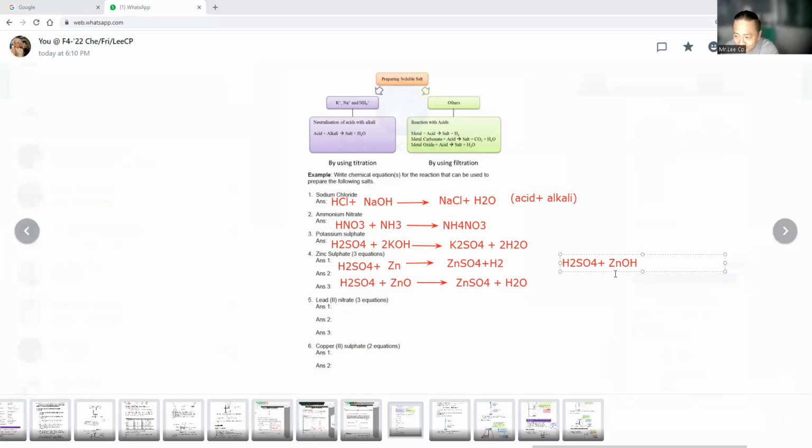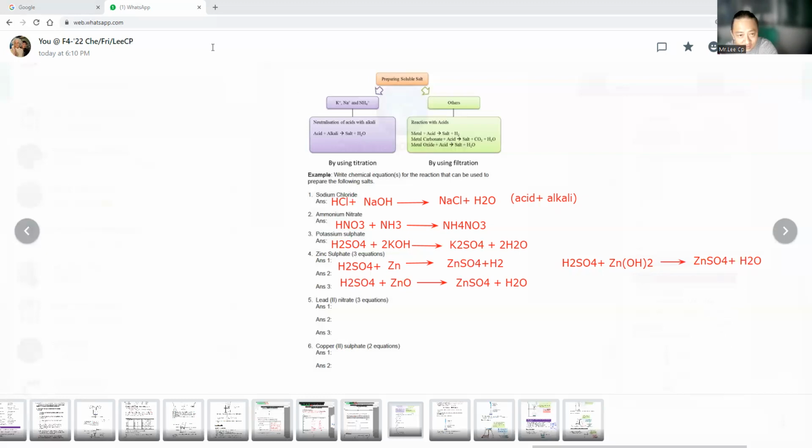OH is minus, Zn is plus, so OH gets 1 bracket. Okay? So what will you get? ZnSO4 plus H2O.